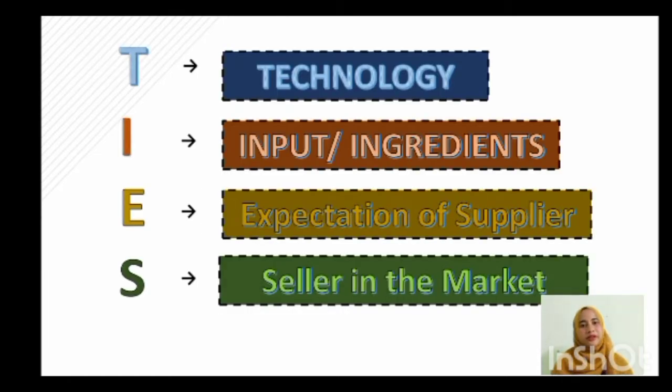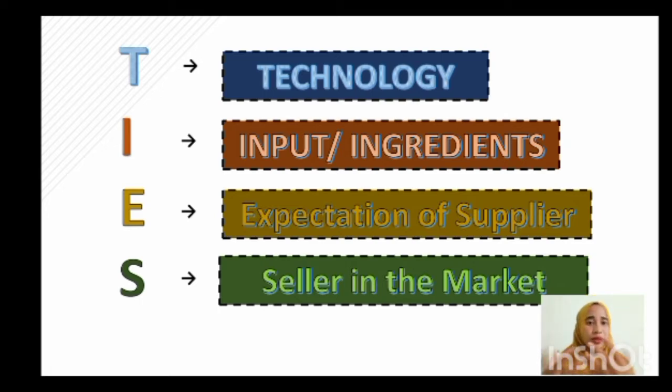So we have here an abbreviation of the non-price factors. We have the T, which is the technology. What will happen if the technology is better in producing the goods? And the input: what will happen if the inputs, ingredients or raw materials of this product are not available, or only a few raw materials can be found in the market for making a medicine, for example?